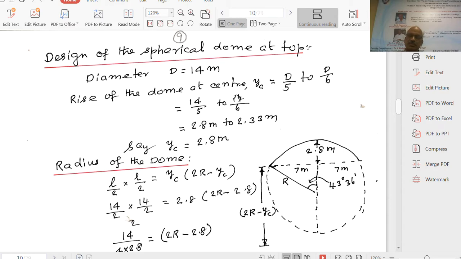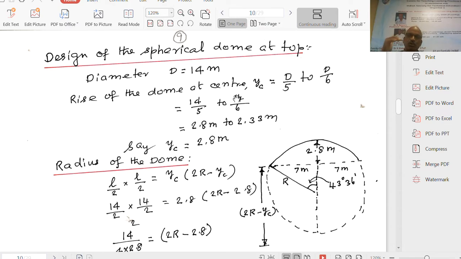Meridional thrust: suppose the height of the dome is 1.5 meter, then when we divide the dome into a number of horizontal rings of decreasing diameter, suppose the diameter of the tank is 14 meters, when you go towards the top, the diameter will go on decreasing as far as the dome is concerned.